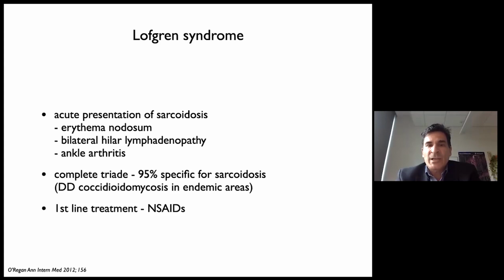So given that she has erythema nodosum and ankle arthritis, and no other features suggesting an alternative explanation for her erythema nodosum, the first thing to do would be to obtain an X-ray of the chest to look for hilar lymphadenopathy. Because if that is present, the diagnosis is essentially made.